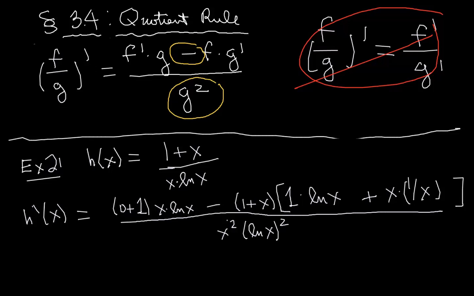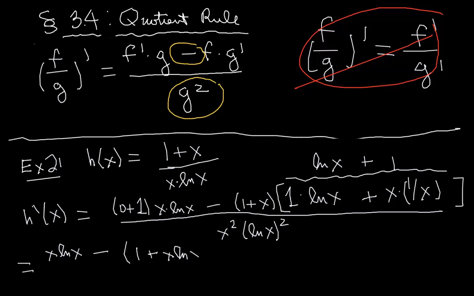Now if we clean this expression up, we have x ln x on the top, minus, well, let's look here in these square brackets. That's just going to be ln x plus, well, x times 1 over x is the same thing as x divided by x. That's just 1. So 1 plus x times 1 plus ln x, that's going to give us 1 plus x ln x, I'm just FOILing it out, plus ln x plus x.